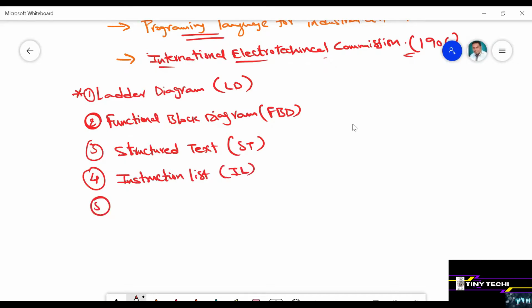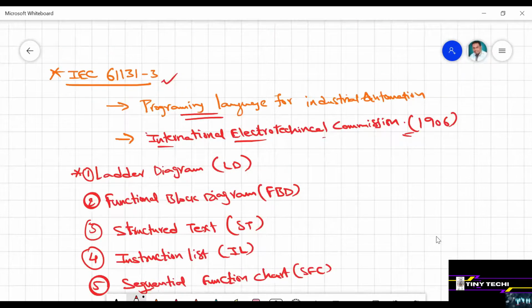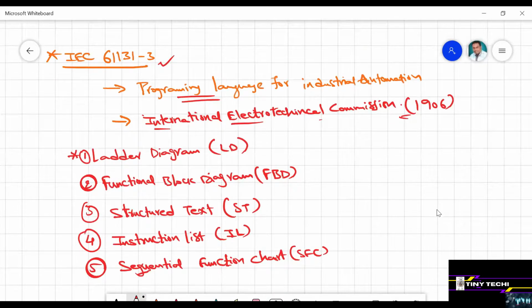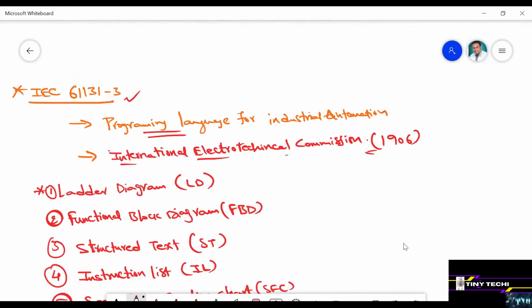The next programming language is sequential function chart, called SFC. These are the 5 programming languages under the standard IEC 61131-3. The -3 is a part version.